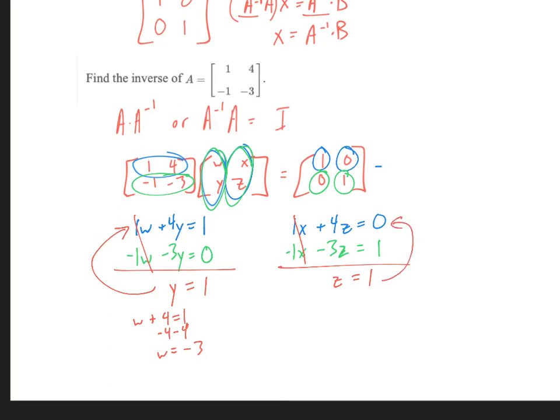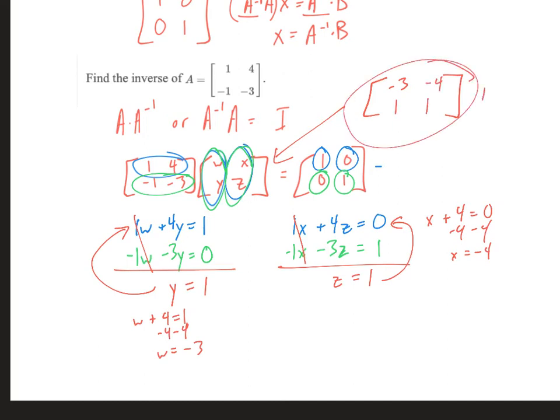Over here, I've got X plus 4 equals 0, minus 4, X equals negative 4. So my inverse, which was this, I now know all of those elements. W is negative 3, Y is 1, X is negative 4, and Z is 1. So this is my inverse matrix.